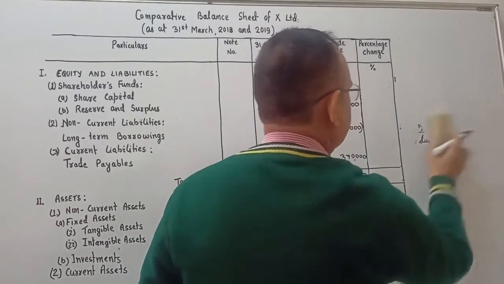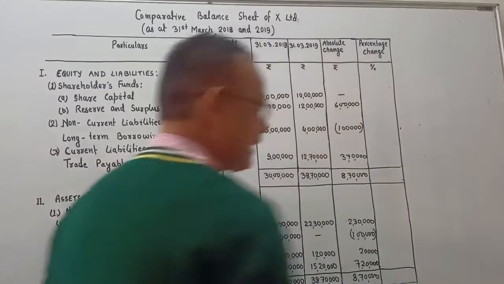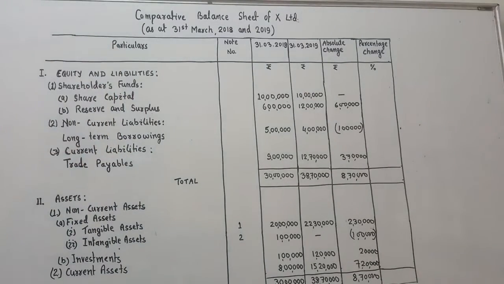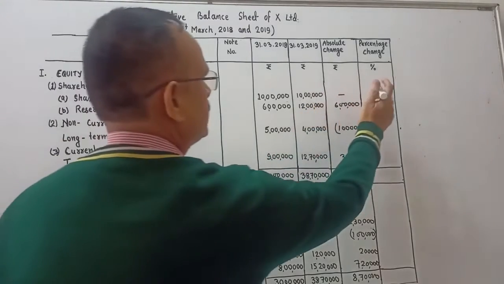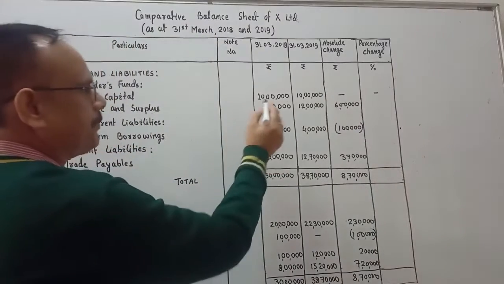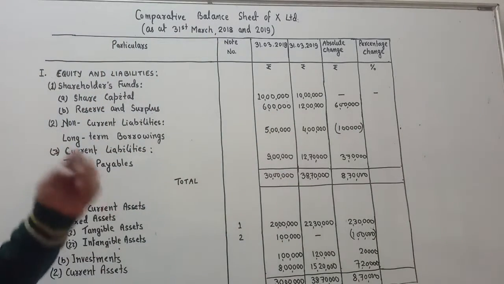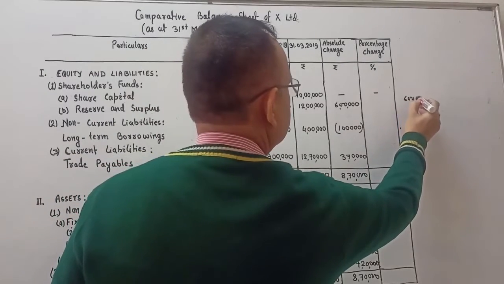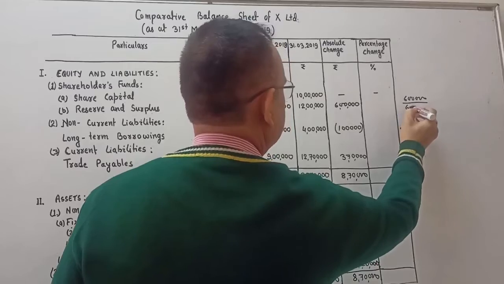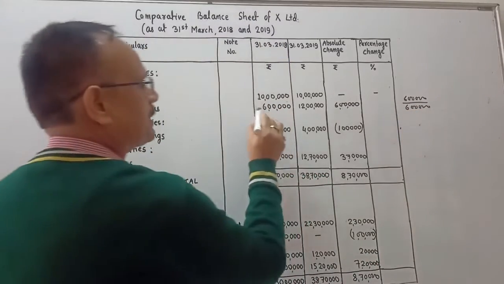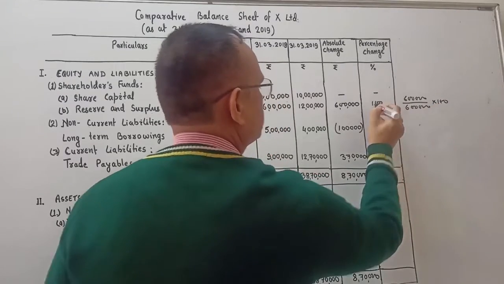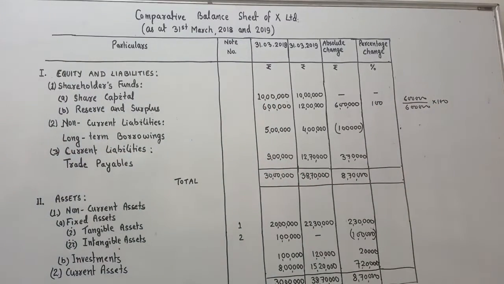Next, now coming to the change in percentage. There is no change here, so it's a dash: last year figure upon 0 into 100, so it is a dash. Here 6 lakhs is the absolute change upon previous year figure 6 lakhs into 100, so it's 100%.